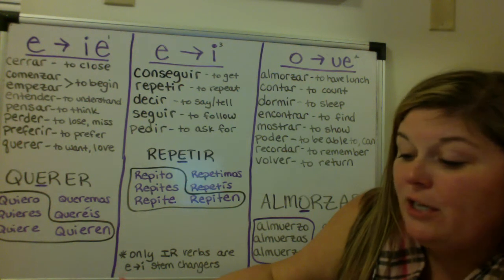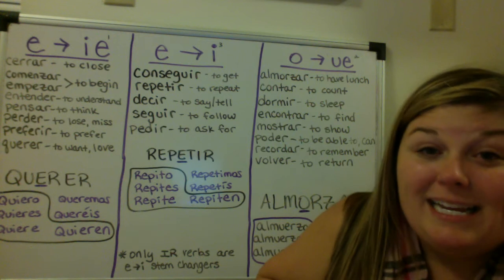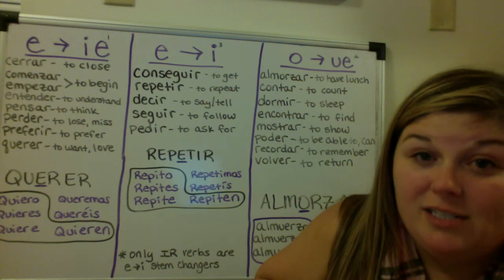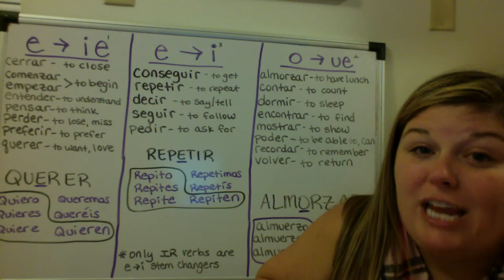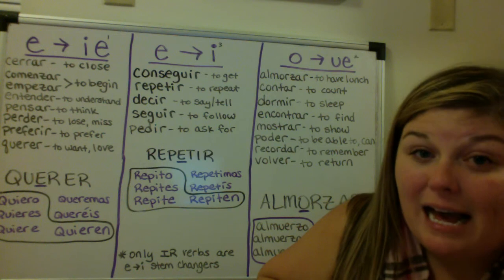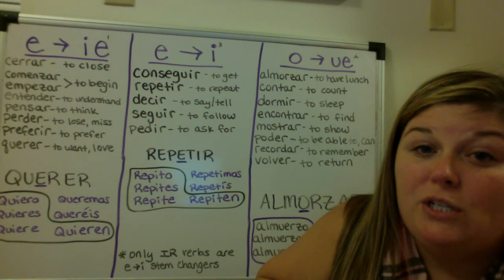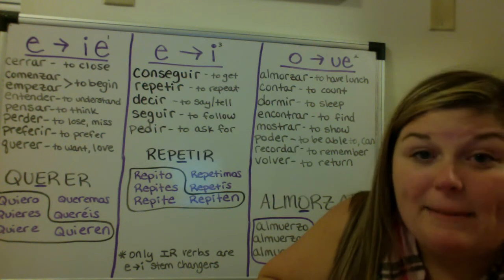But we're going to learn about stem-changing verbs, and again, as I said, there are three kinds of stem changers in Spanish, and we have verbs that change from E to IE, from E to I, and from O to UE. Now, stem-changing verbs are so common in Spanish.